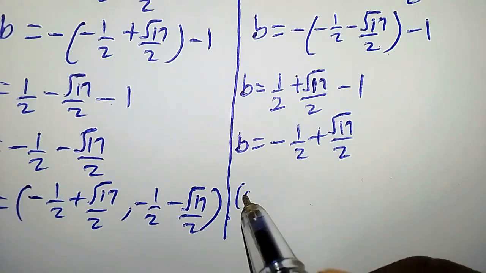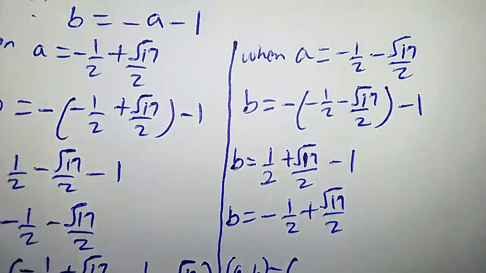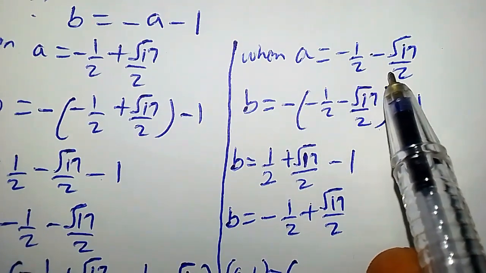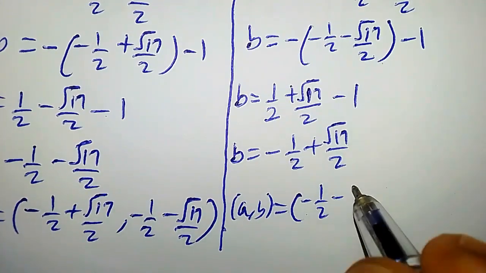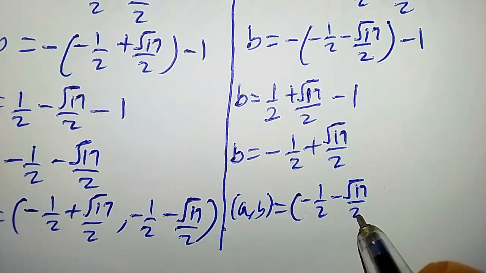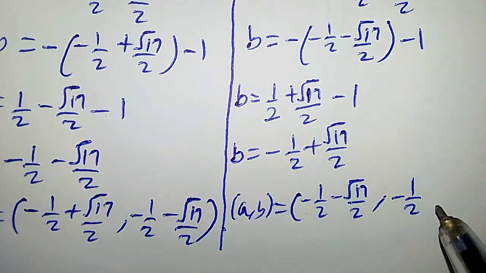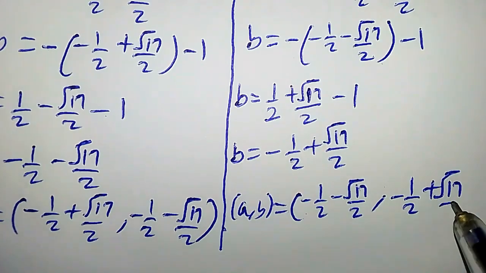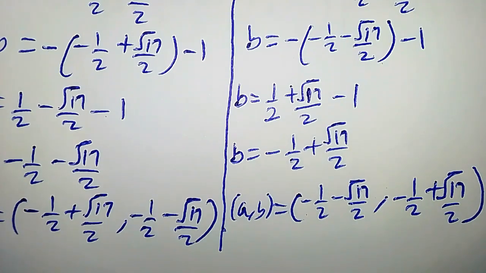This means that (A, B) is equal to, what is A? A is minus 1 over 2 minus square root of 17 over 2, comma, and B is minus 1 over 2 plus square root of 17 over 2. This happens to be the fourth solution.